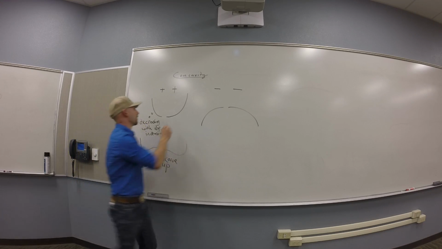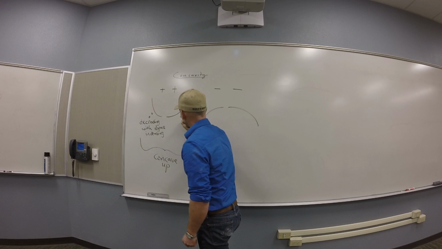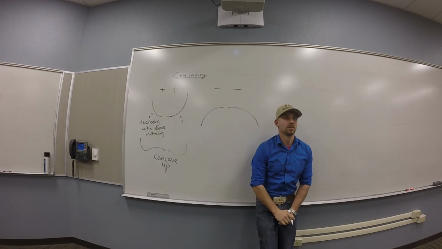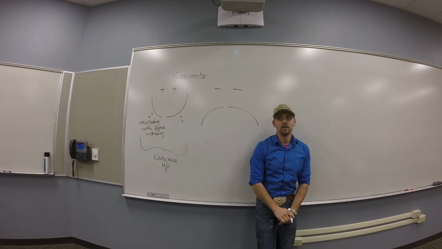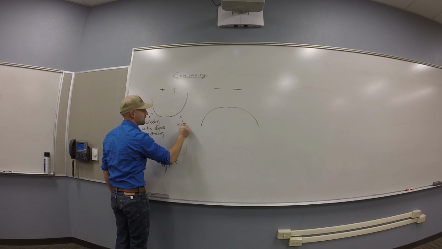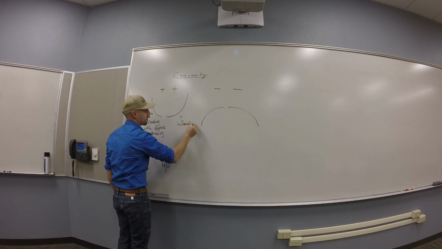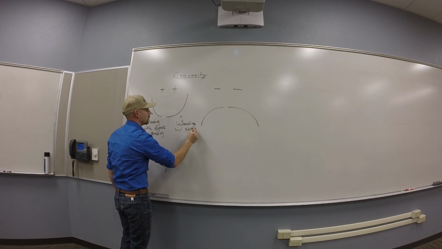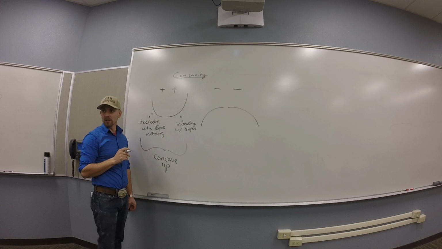So let's get the other one. Yeah, both of these are going to be concave up. So on this guy, what are the slopes? Are they generally positive or generally negative? Generally positive, right? So that's increasing, with slopes. So what's happening to the slopes as I move from left to right?